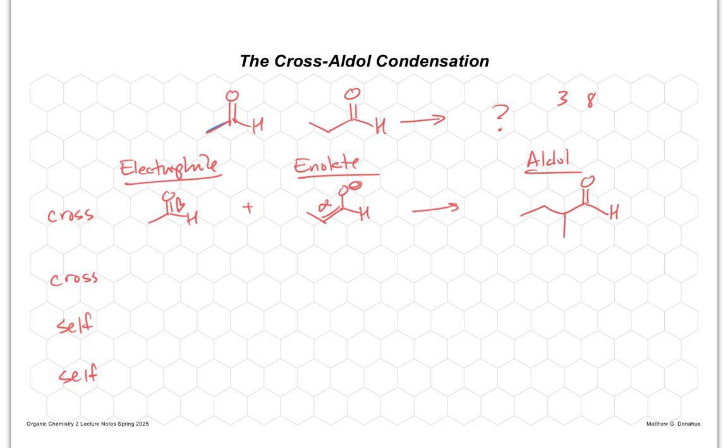Excuse me, 4, because it's branched. So it's 4 because there's branching from the enolate. So there's alpha, there's beta.